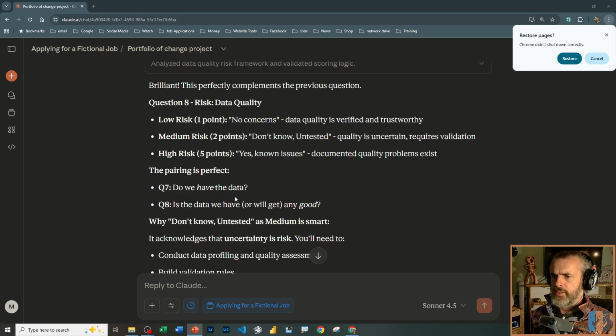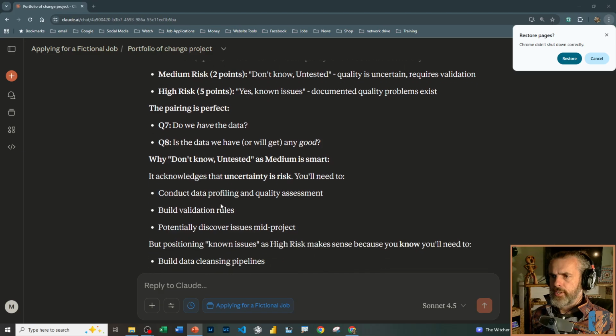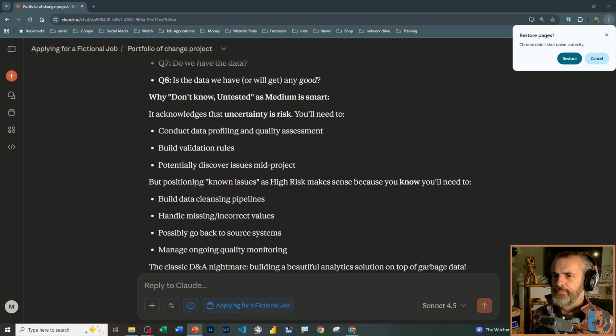Is the data we have or will get any good? Why don't know, untested? As medium is smart. It acknowledges that uncertainty is risk. Damn right. It acknowledges that uncertainty is risk.